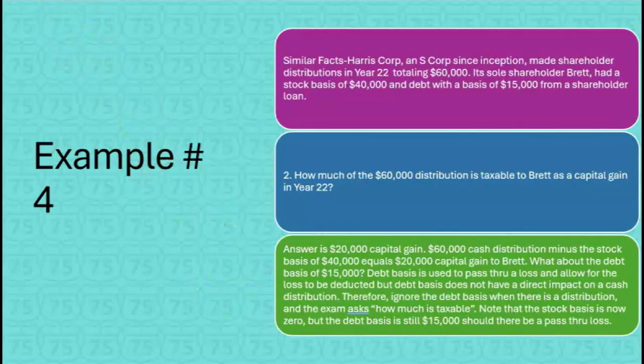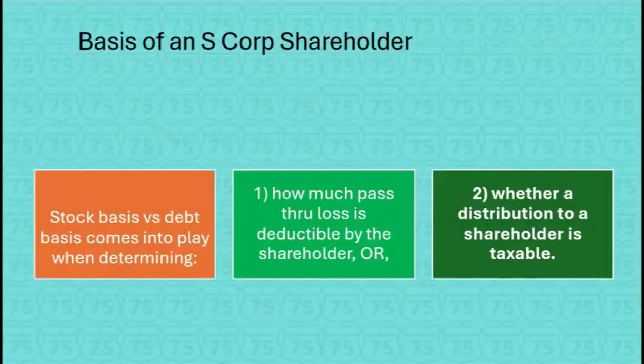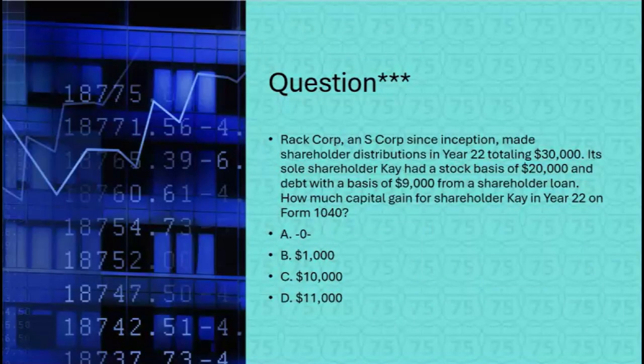Note that the stock basis is now 0, but the debt basis is still $15,000 should there be a pass-through loss. So remember, when it comes to stock basis versus debt basis, if they ask how much loss is deductible by the shareholder, you include the debt basis. But if they ask how much of a distribution is taxable to the shareholder, then you do not include the debt basis.